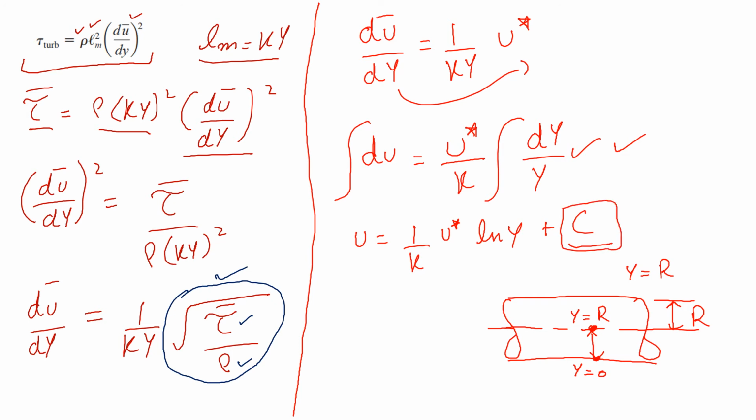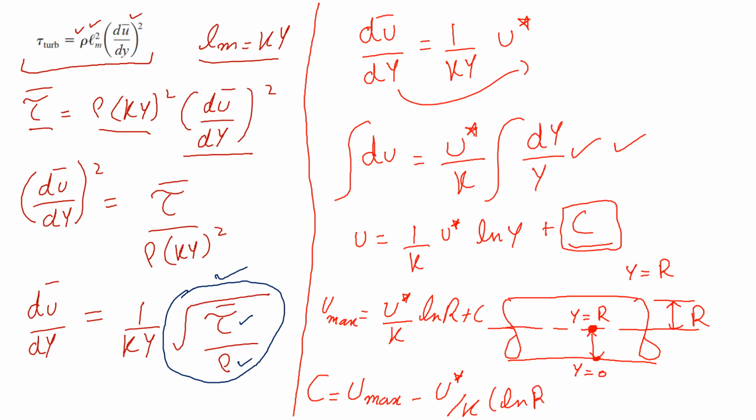So let's write that. At the center point of this pipe, our velocity will be maximum. So at the center the velocity is already maximum, and we will write it like this: u maximum is equal to u star over k natural log of r plus c, and c will be equal to u maximum minus u star over k multiplied by natural log of r.